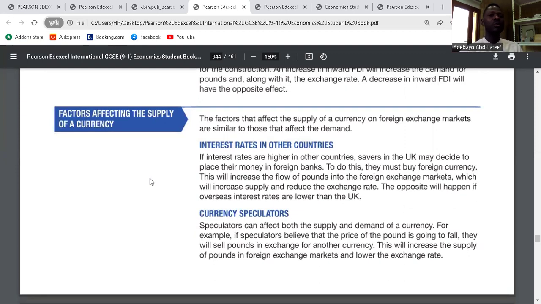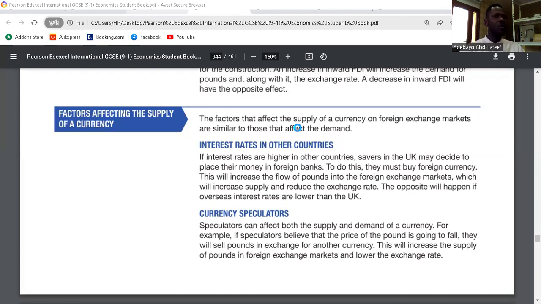So that is for the demand. Now we talk about the supply of the currency. When we talk about the supply of the currency, we're talking about how much of the currency is flowing in the market. The factors that affect the supply of the currency on the foreign exchange market are similar to those that affect the demand.